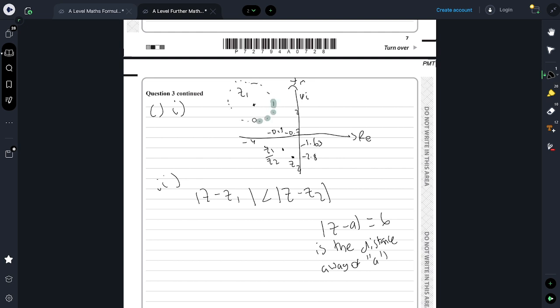Hopefully you should be aware of that. But actually, it's telling us that this is less than the distance between Z and Z2.